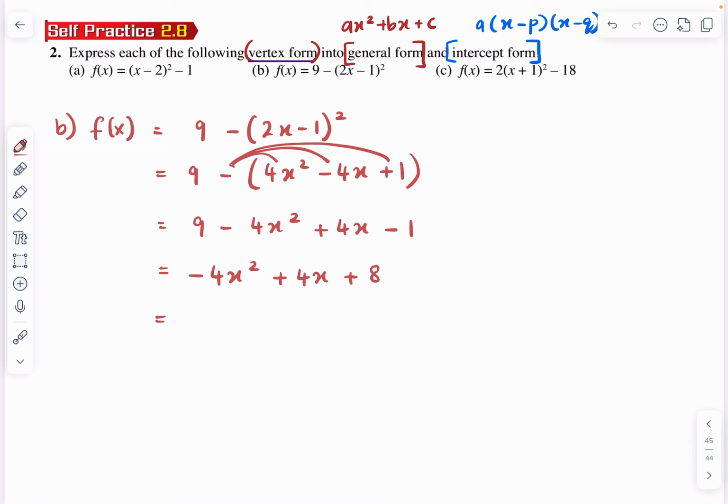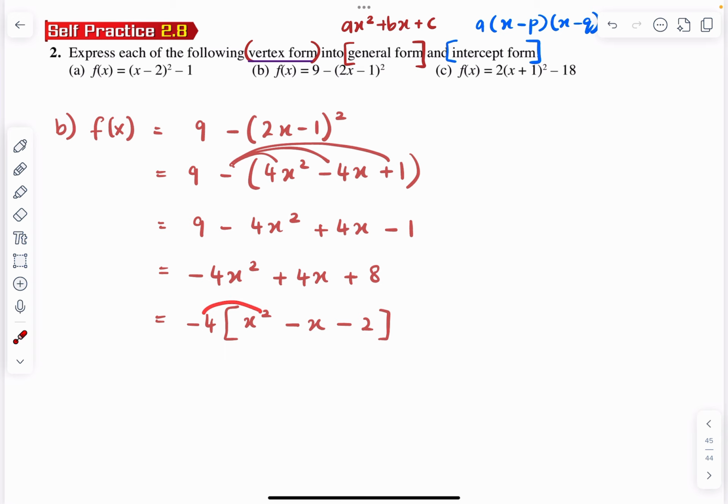So from here, we can factorize something from all these terms. So let's take out negative 4. We want to make a 1, we don't want negative 4 here. So if we factorize negative 4, we get x² − x − 2.